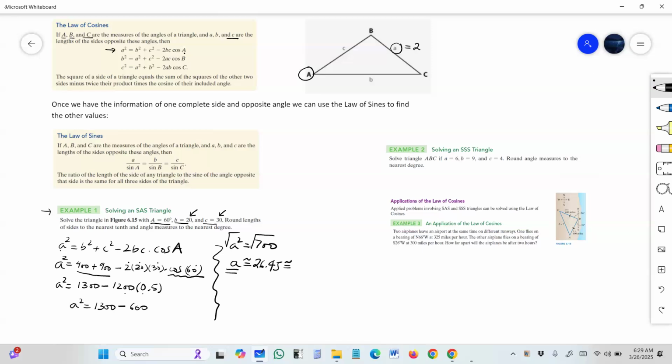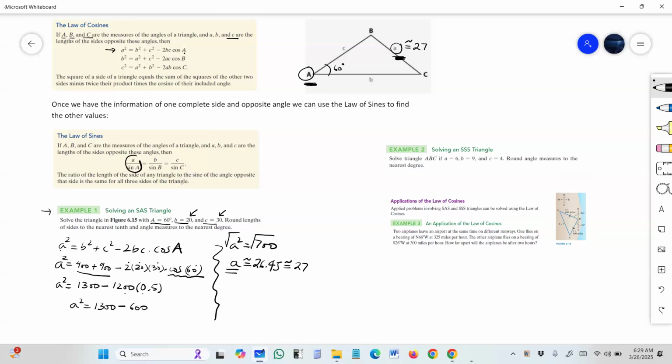So this is approximately 27. The angle A is 60 degrees. All right, so just be careful. Let's not make a mistake here. So approximately 27, whatever units, they didn't give us the units. So 27 units.